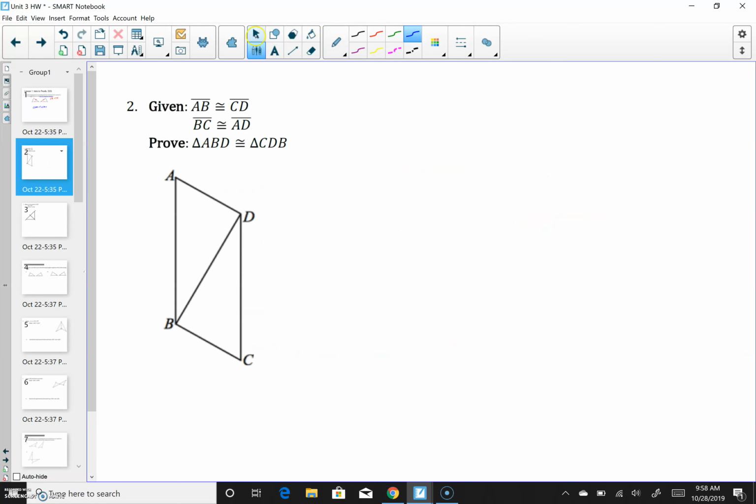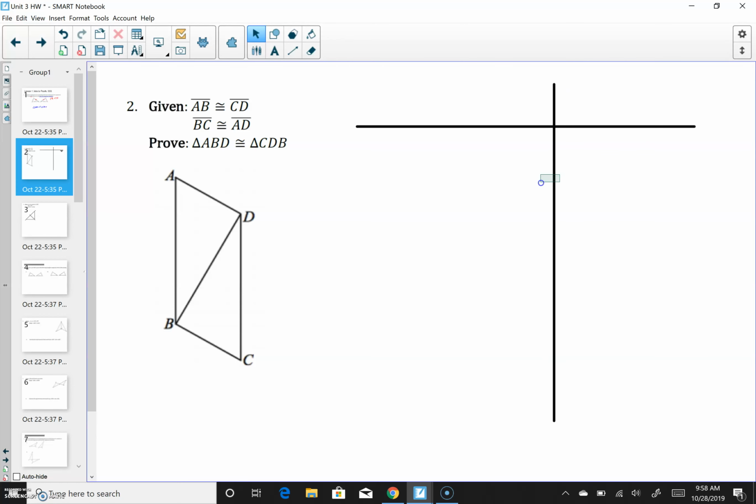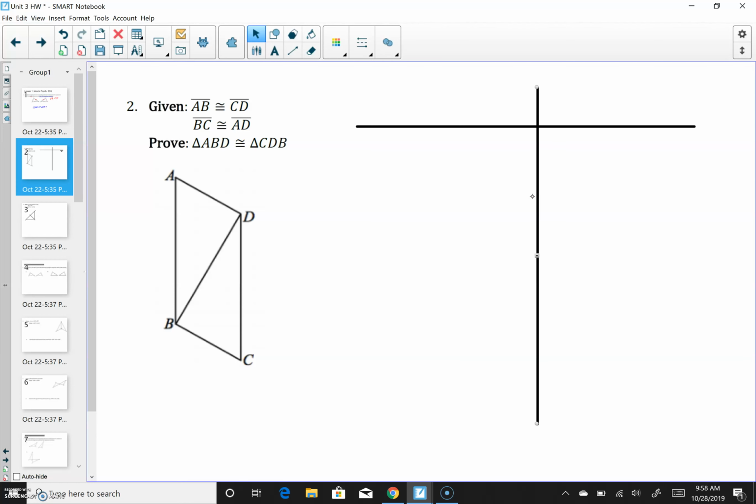In number 2, this is where we're actually going to start to do some of our proofs. So we are given AB is congruent to CD and BC is congruent to AD. So I'm going to begin by setting up my chart. The left side of our chart is always our statements, and the right side is always our reasons.